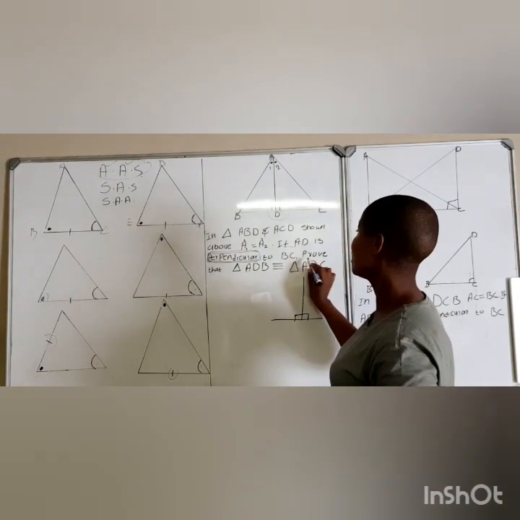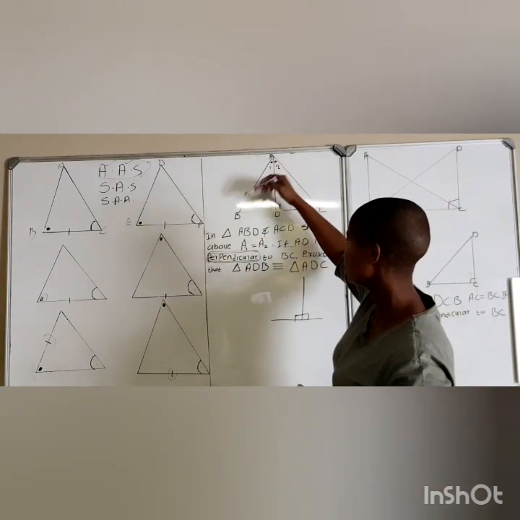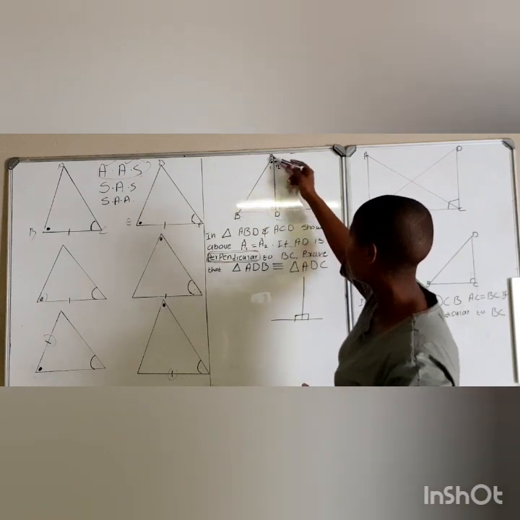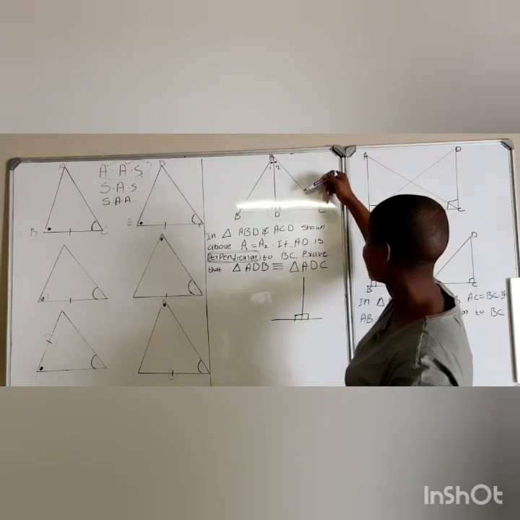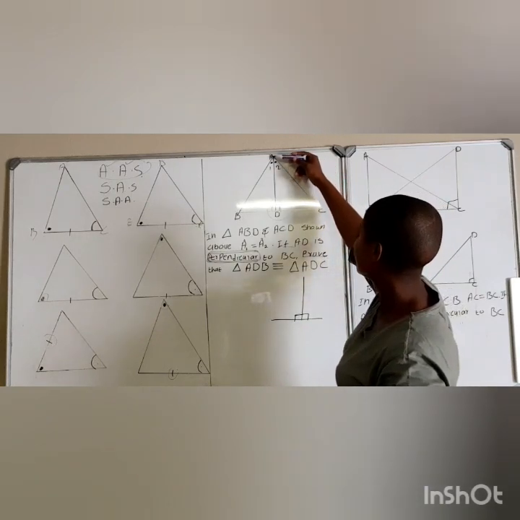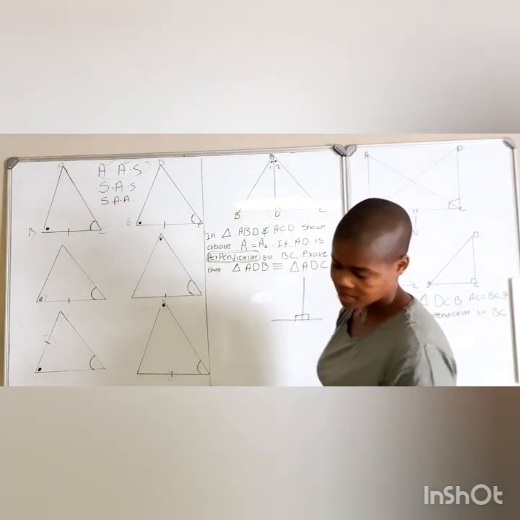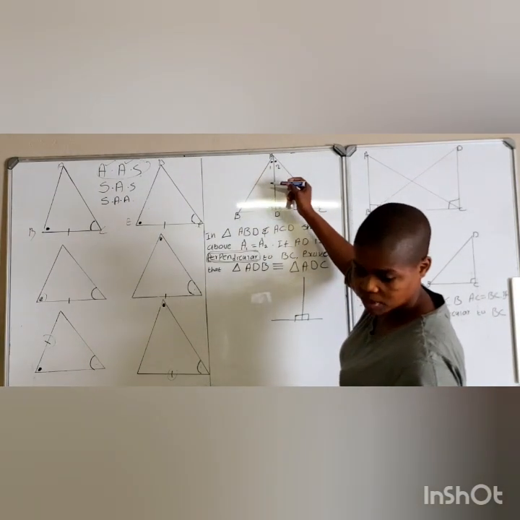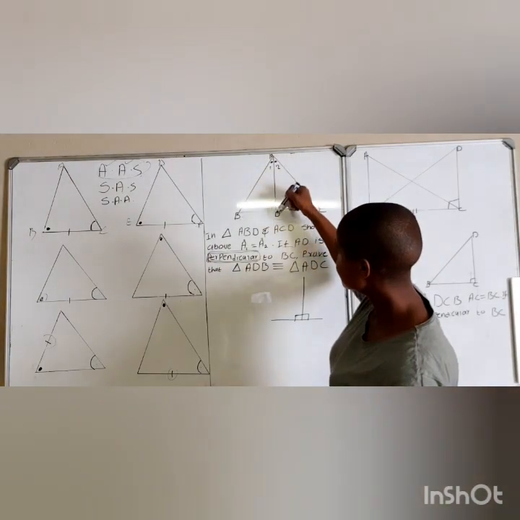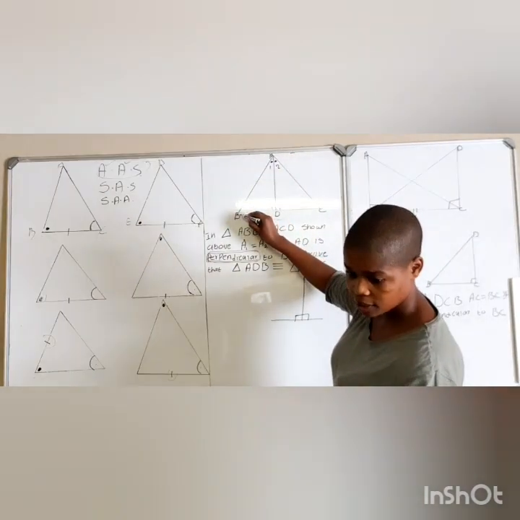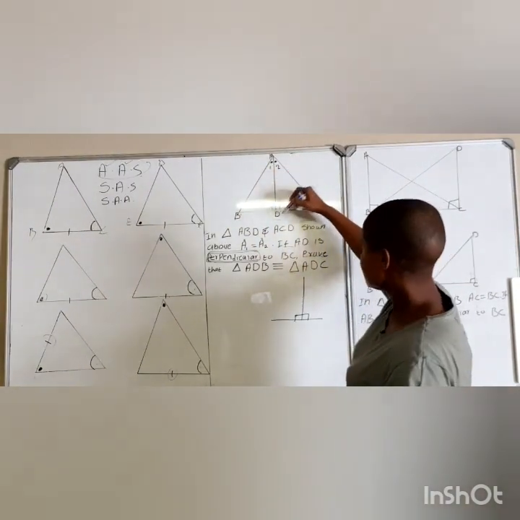Finally, they say prove that triangle ADB is congruent to triangle ADC. Did I read that right? Yes, they say prove that triangle ADB is congruent to triangle ADC.